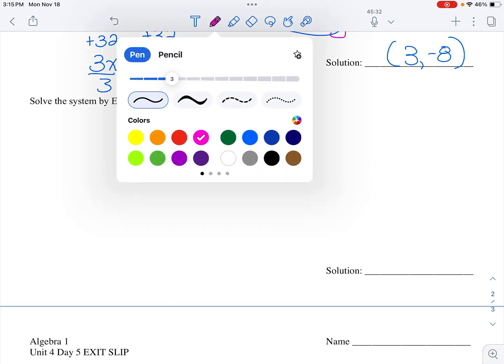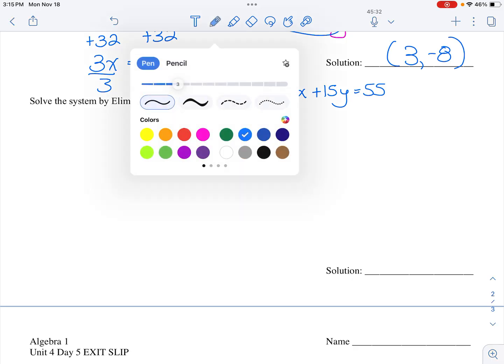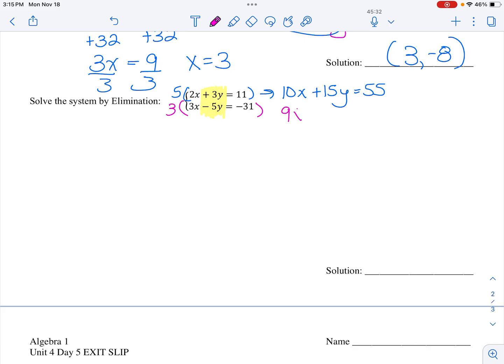opposites. So if I do the top equation, I end up with 10x plus 15y equals 55. If I do the bottom equation, I would end up with 9x minus 15y equals, just making sure, -93.